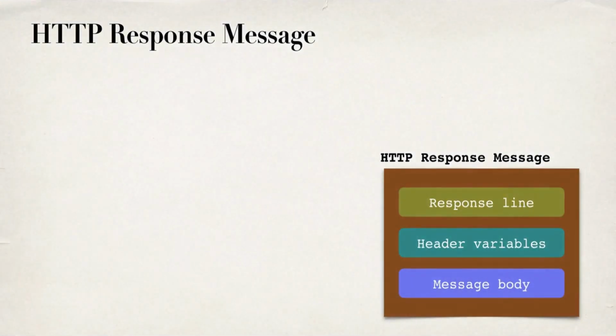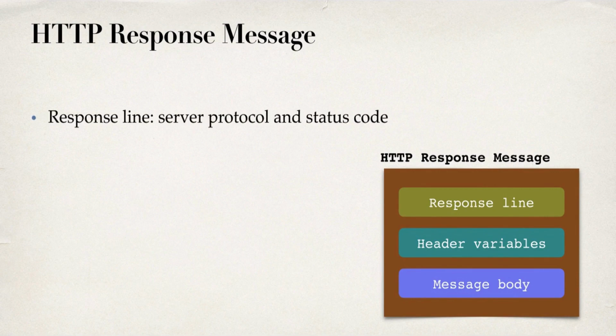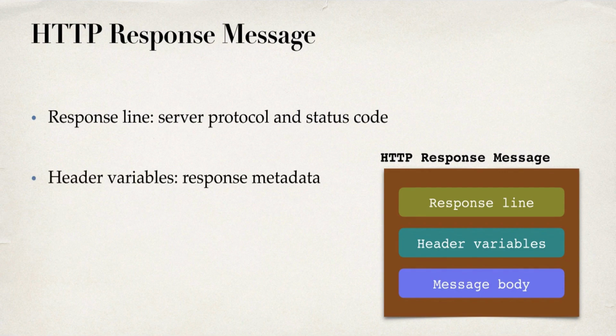Alrighty, so that covers request message. Now let's look at response message. And response message has three different areas also. So it has a response line, header variables, and a message body. So the response line, that's the actual server protocol and status code. So here the status code could be one of the HTTP status codes like 200, 404, or 500. The header variables, that's the response metadata.